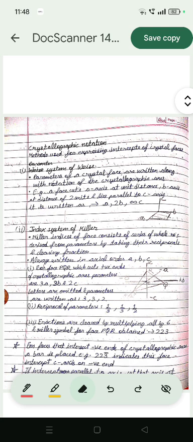We have two systems. The first system is the parameter system of Weiss. Intercepts are parameters only. Parameters of a crystal face are written along with the notation of the crystallographic axis in the Weiss system. For example, if a face cuts the a axis at unit distance, the b axis at a distance of 2 units and lies parallel to the c axis, then its parameters are written as a, 2b, infinity c.